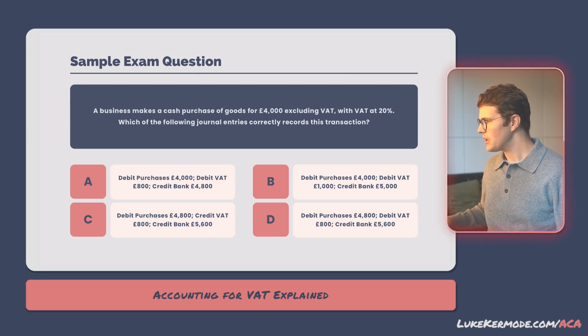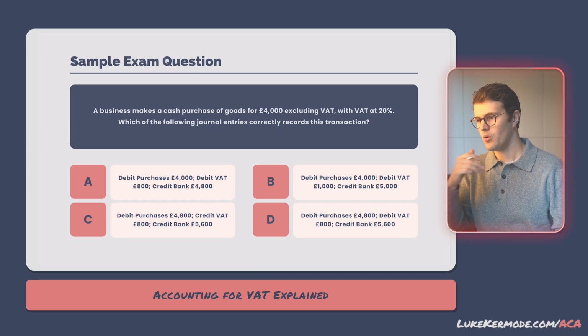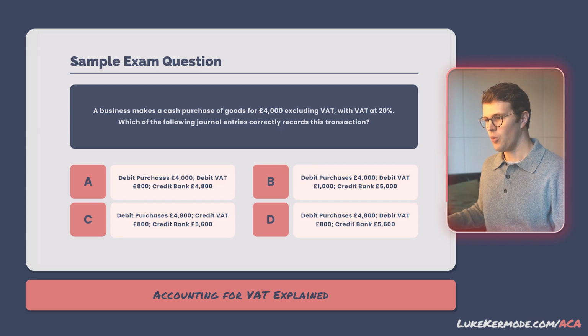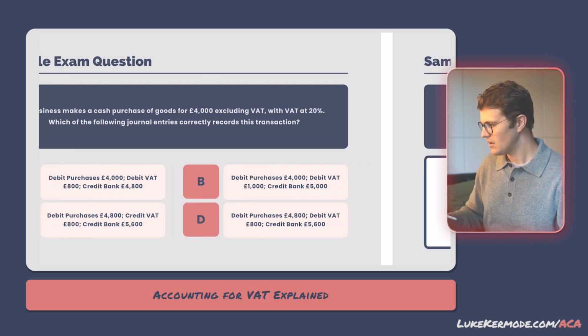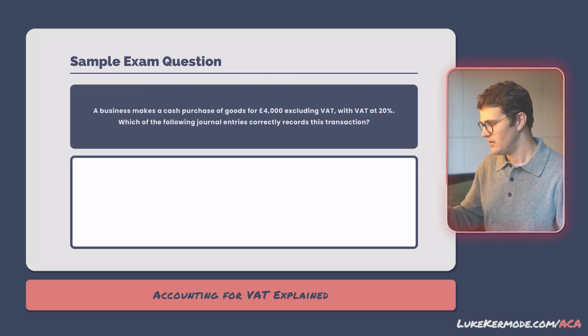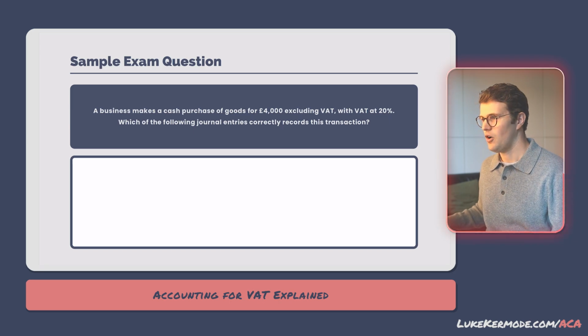Okay, let's take a closer look now at how we account for VAT by going through a sample exam question. So in this example, we're told that the business purchases goods for £4,000, excluding VAT, and pays for them immediately in cash. So since the VAT rate is 20%, we first need to calculate the VAT on top of the net purchase amount.